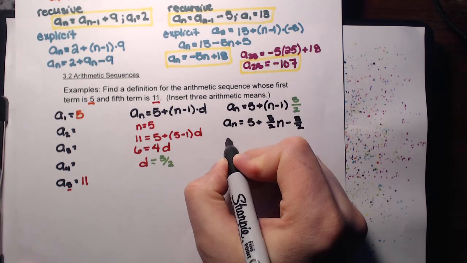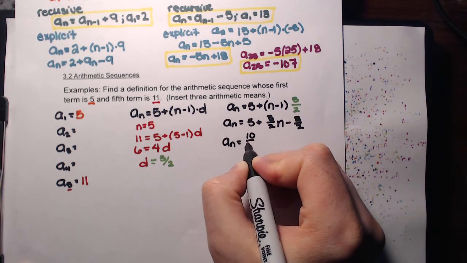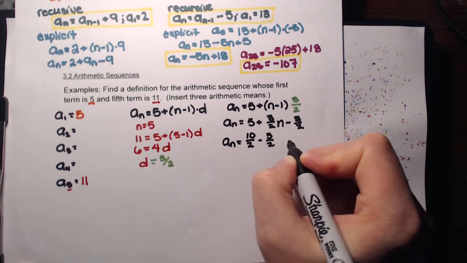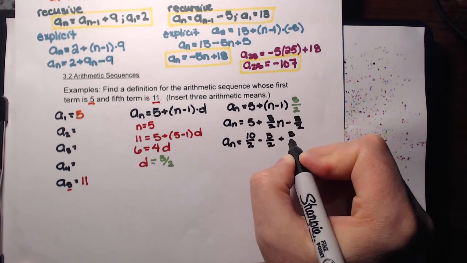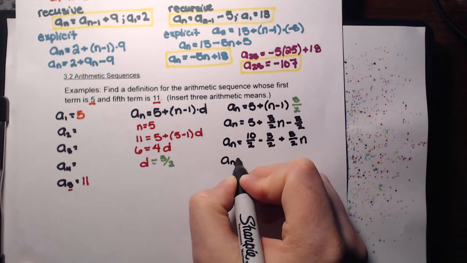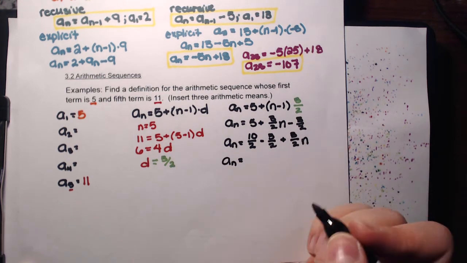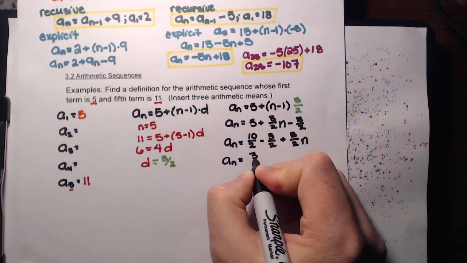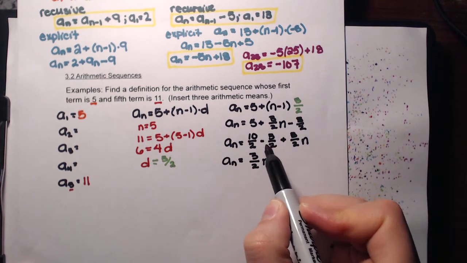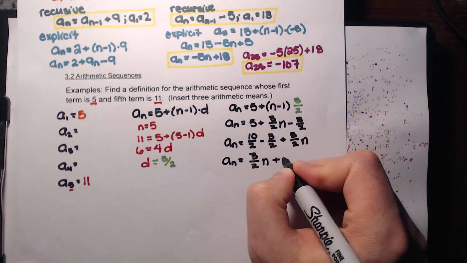So I really have 10/2, and then I'm going to move this over, minus 3/2 plus the 3/2 n. And again, I'm going to write the n term first. So 3/2 n, and then 10/2 minus 3/2 is 7/2.